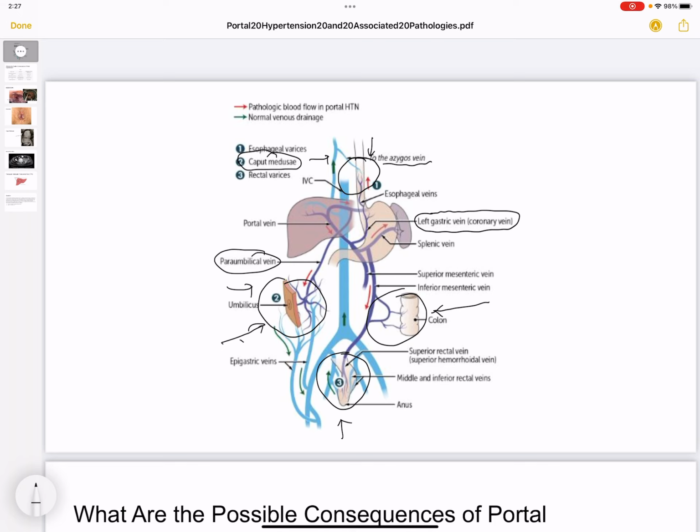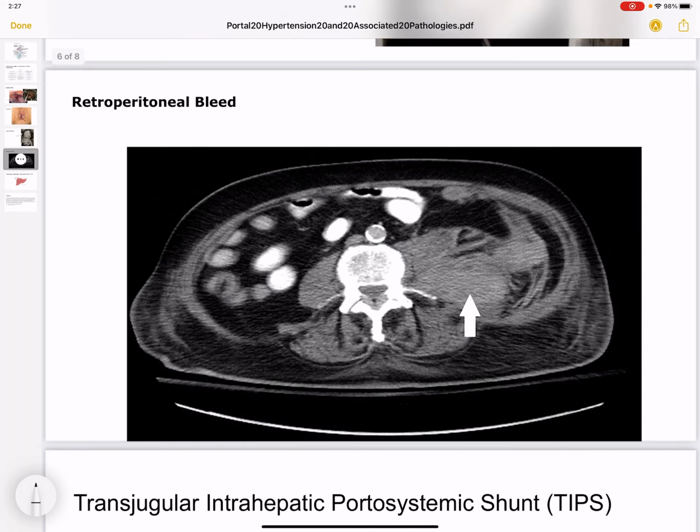When we have portal hypertension, this is going to result in retroperitoneal bleeding, and it could also result in colonic varices. And here we see a retroperitoneal bleed, and the areas of high density indicate that there could still be bleeding going on.